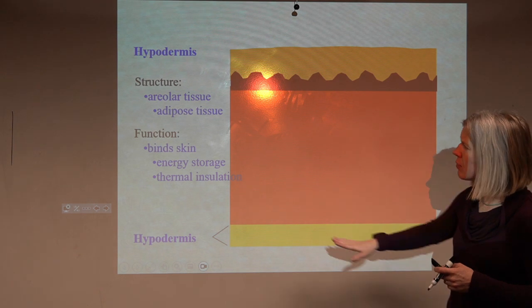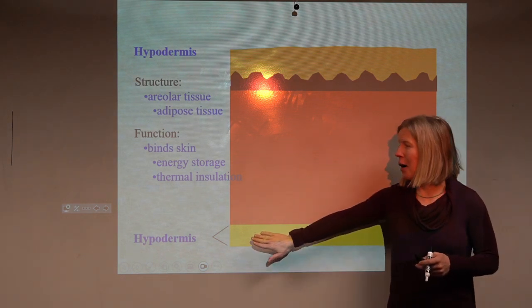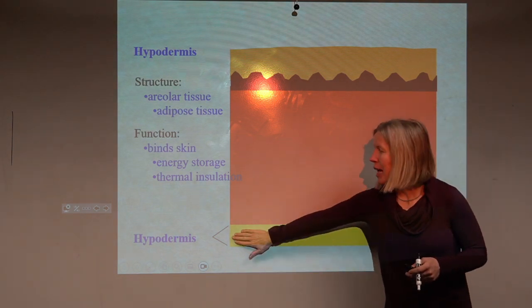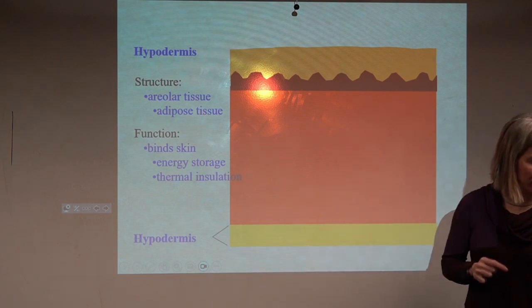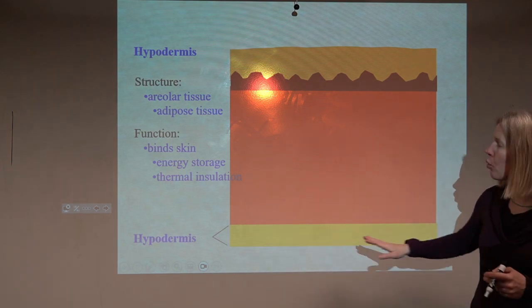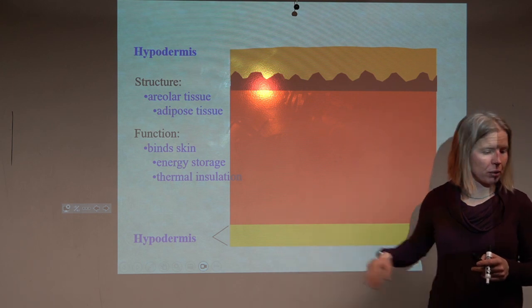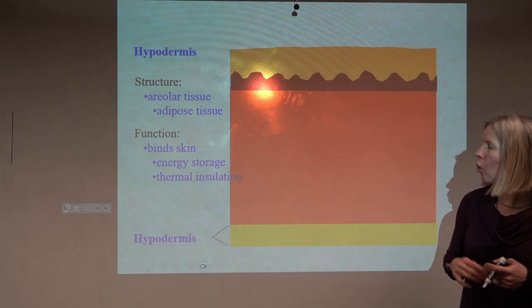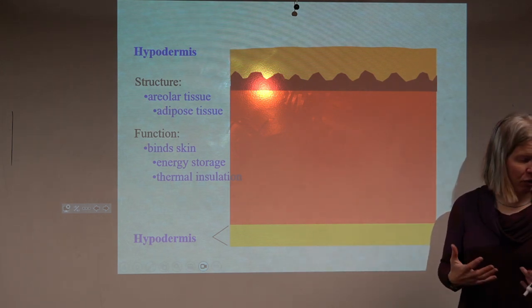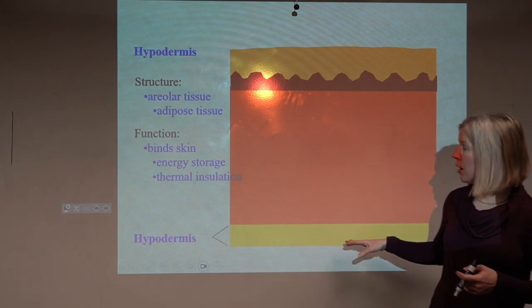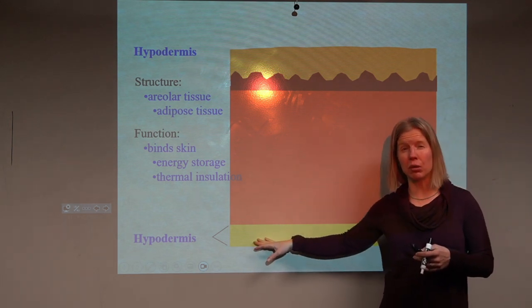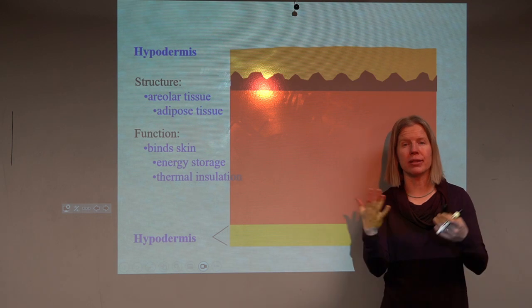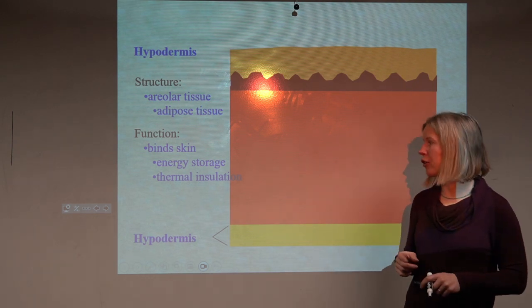Okay. Last but not least then, and then we'll look at some accessory structures. Last but not least here, the hypodermis. Again, not part of the skin, but a really great place to hold on to insulation in the form of adipose. It can be a rich reservoir for blood, so we hold some of the extra blood that's not in rapid circulation.